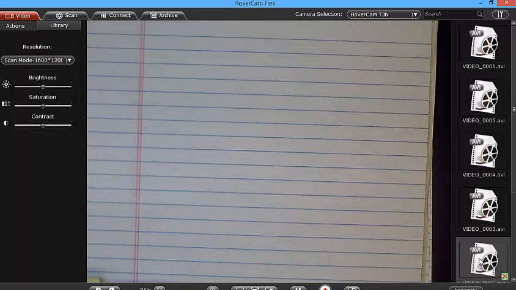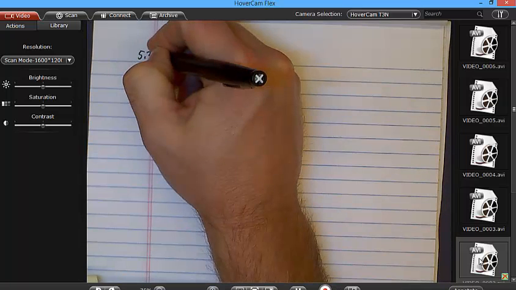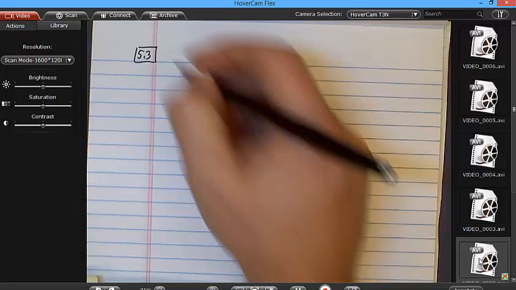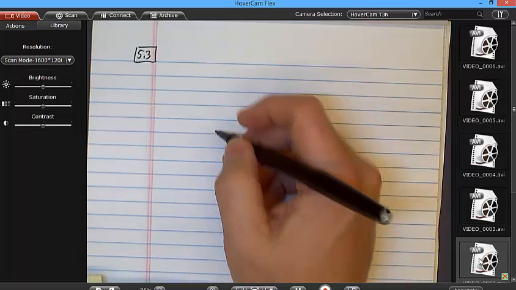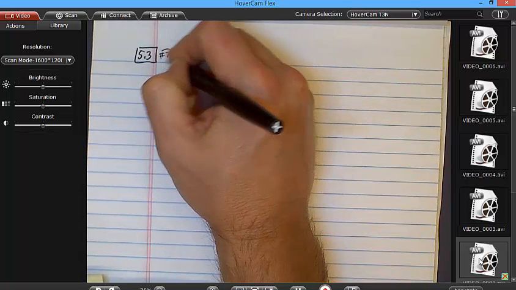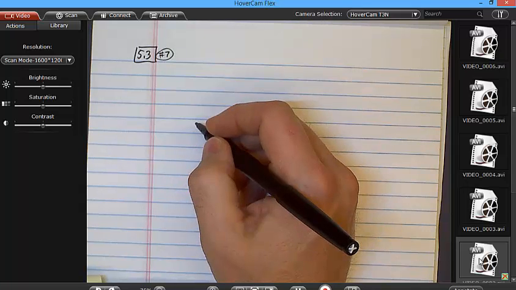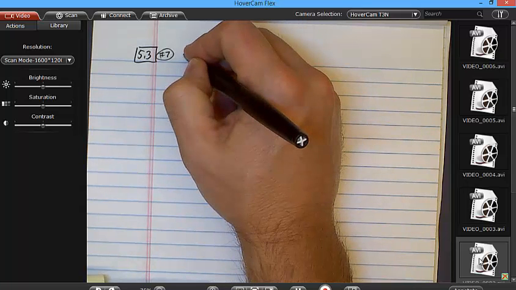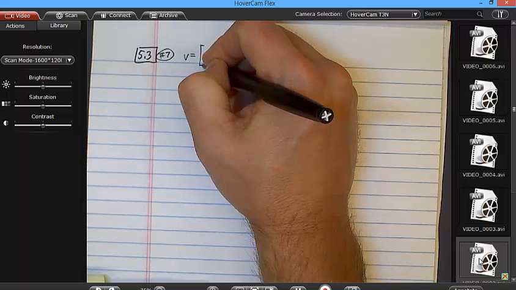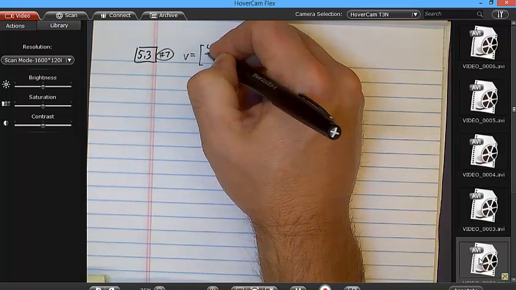So here we go. 5.3, number 7. It says V is the vector 4, -4, 3.